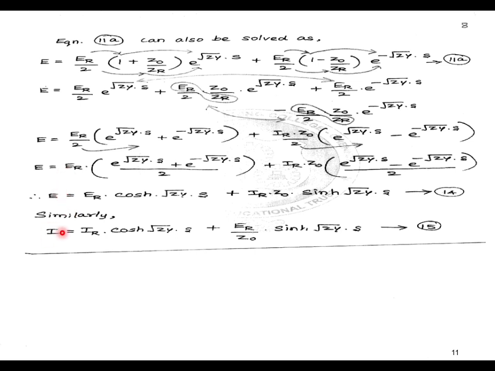So sinh root of ZY S. Similarly, we can write I equal to IR cosh root of ZY S plus ER divided by Z0 into sinh root of ZY S. Finally, these two equations are the general solution of the transmission line. These final E and I are the voltage and current equations of the transmission line. Thank you.